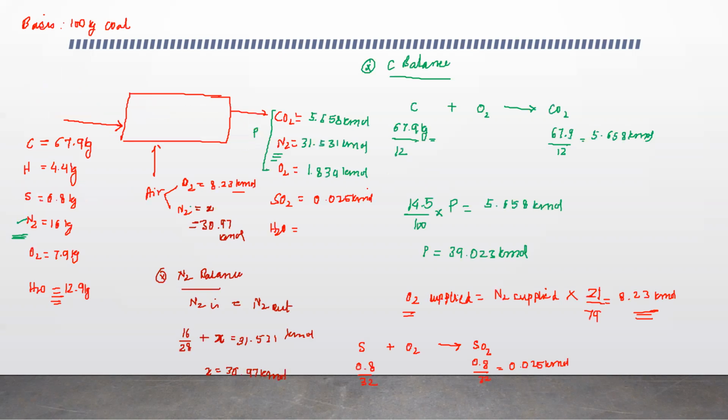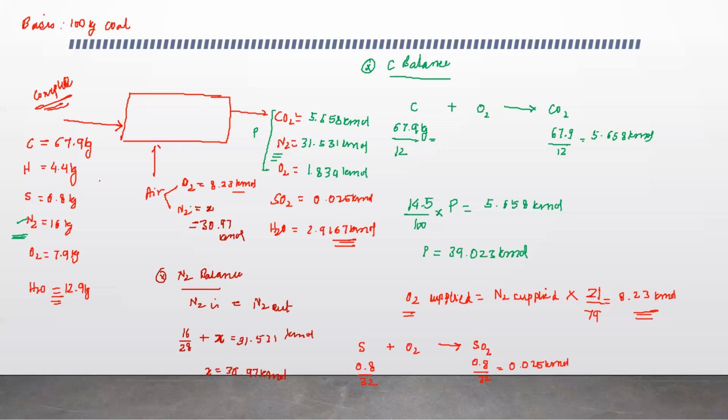That is over here 2.9167 kilomole. All right, that is what we have. All right, so this block diagram is complete now, right?